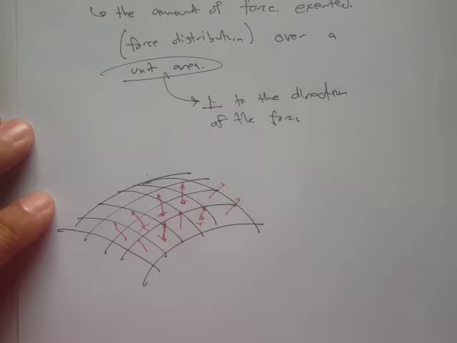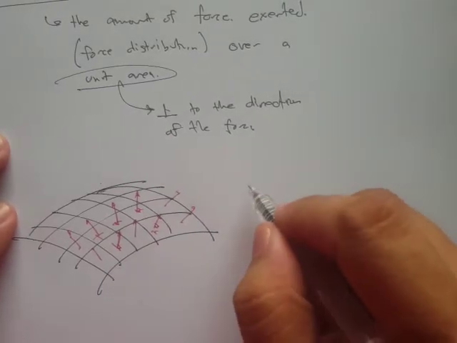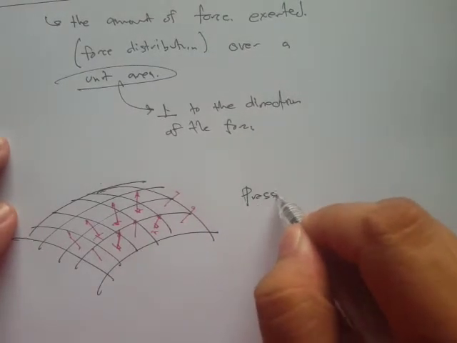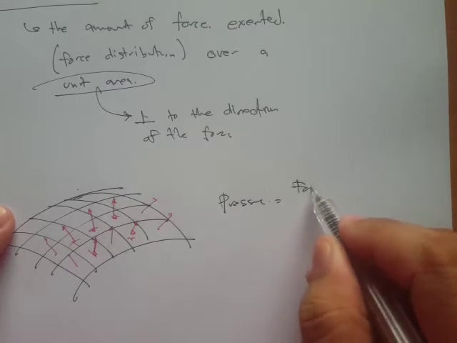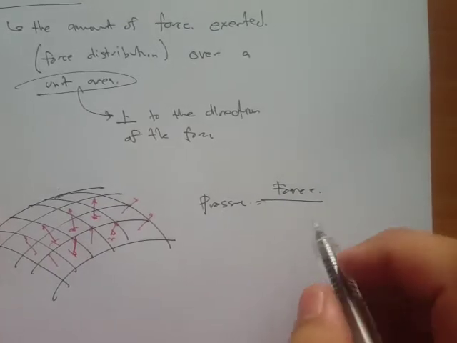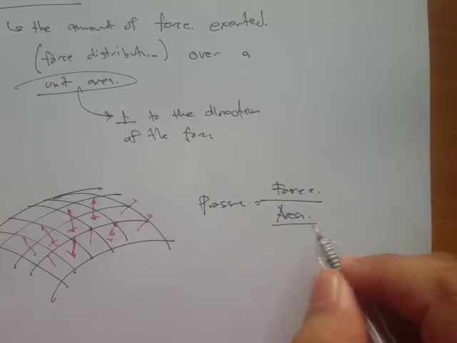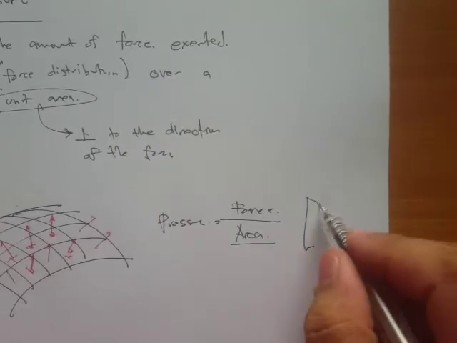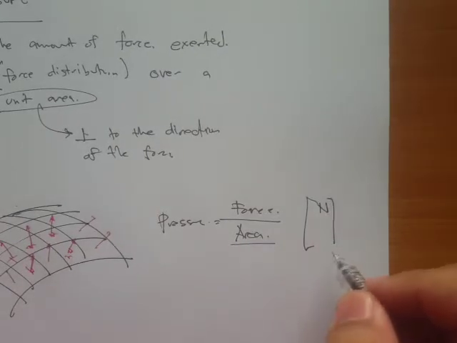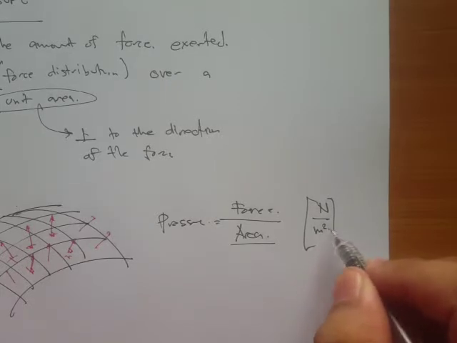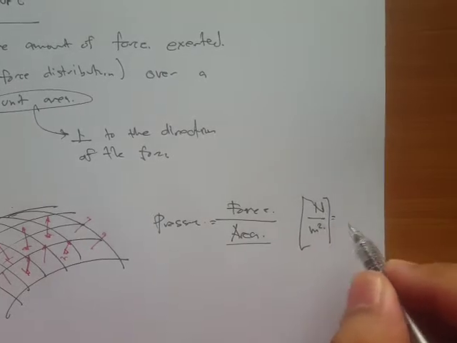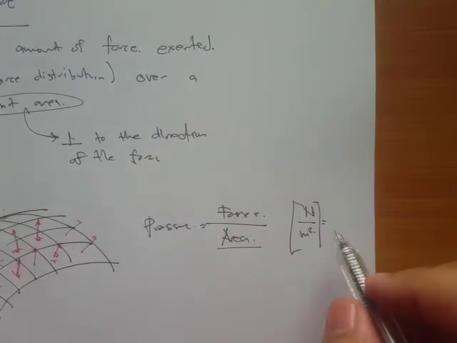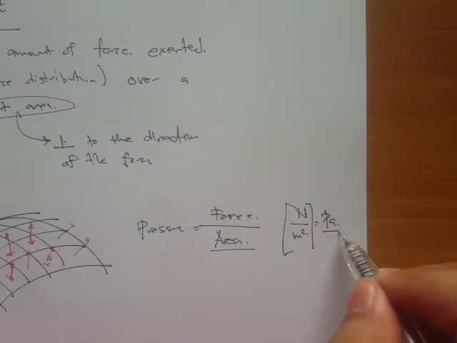Okay, so mathematically, pressure is expressed as force over area. And the unit of force, let's say in metric, is Newton, and the area is in meters squared. And this Newton per meter squared gives the derived unit called pascals, or Pa.